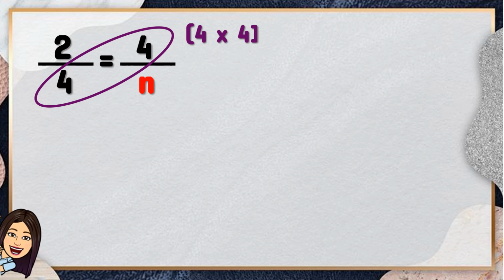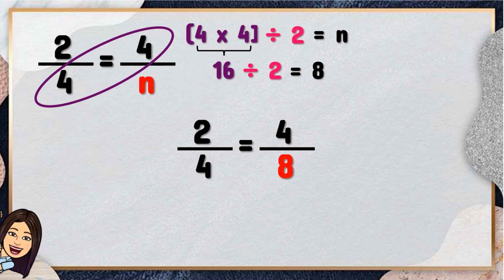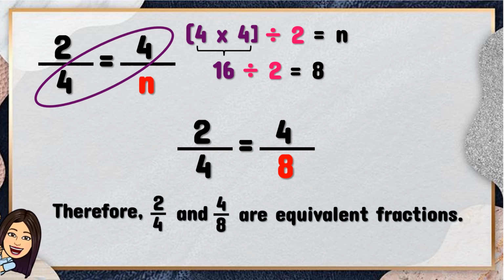Then divide by the other given term, which is 2. 4 times 4 is 16. Divided by 2 is 8. So the missing term here is 8. 2/4 is equal to 4/8. Therefore, 2/4 and 4/8 are equivalent fractions.